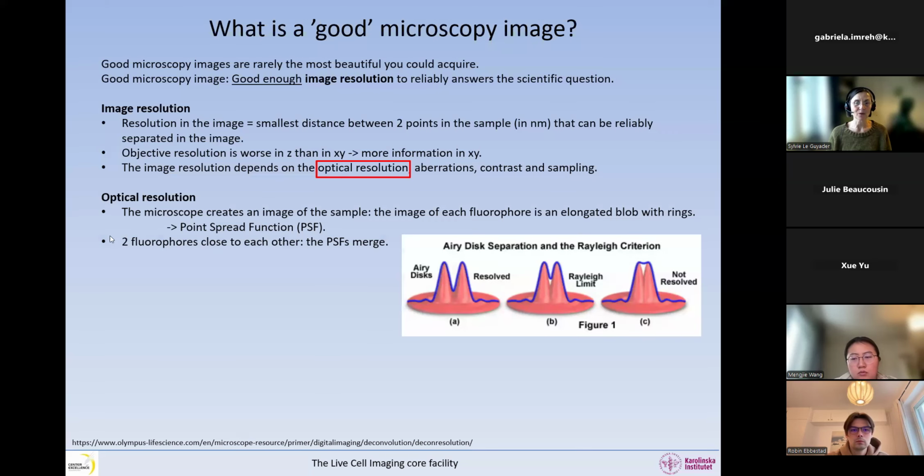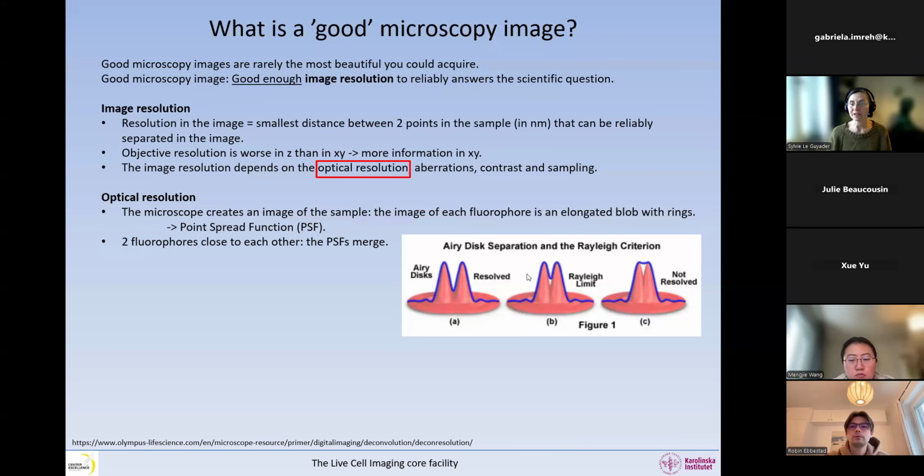with our microscope. So you remember that if we have two fluorophores close to each other, unfortunately, the 2 point spread functions, which are much bigger and very elongated than the original fluorophore in our sample, fuse as the two fluorophores get closer to each other, and at some point we cannot resolve them anymore.